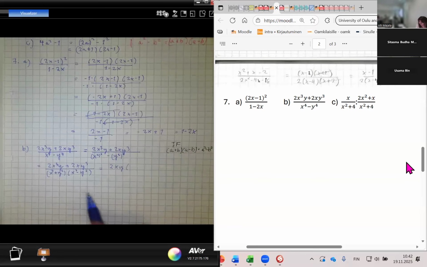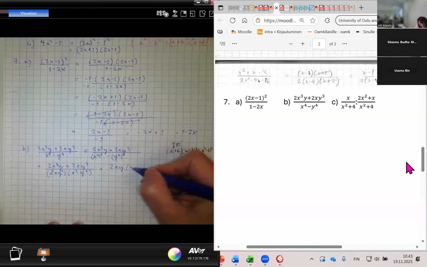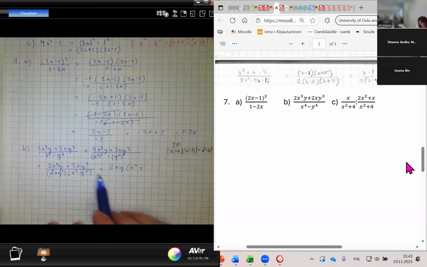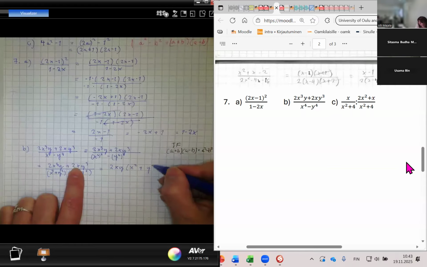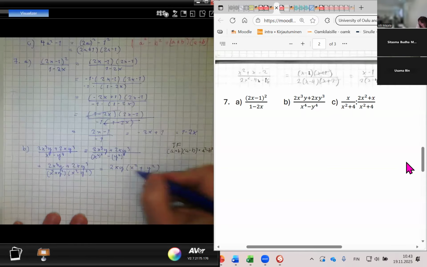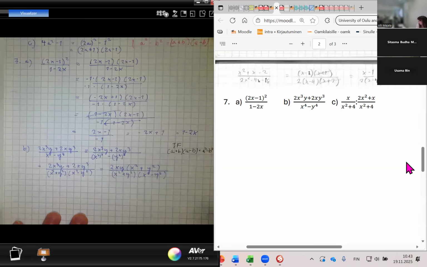And if I multiply that with 2xy, I get x in the power of 2. And then if I multiply this with 2xy, I get y in the power of 2. Yes. Starts to look good. That was the thing that I could get rid of. And now it looks like I can just kill it.